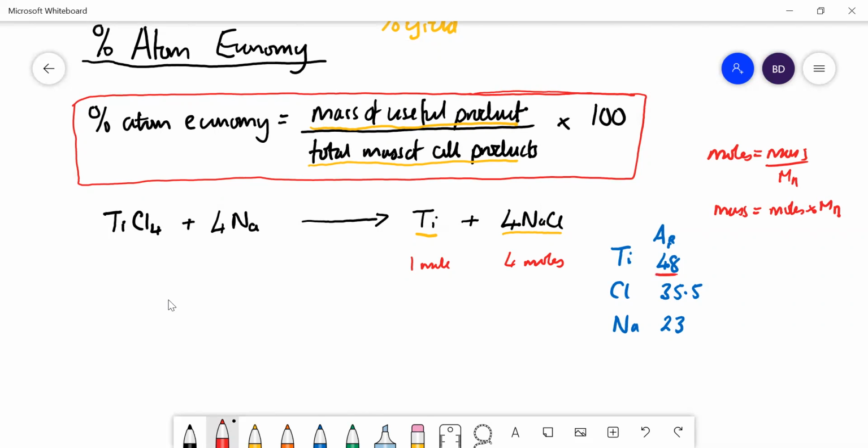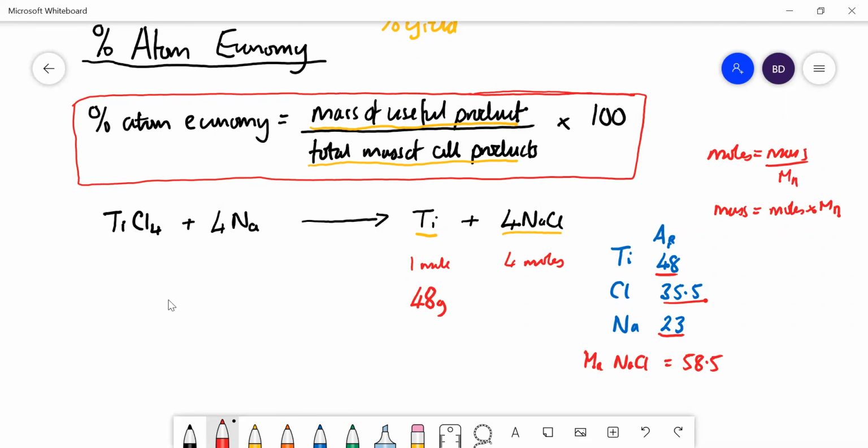Titanium's got an atomic mass of 48, so that's going to be 48 grams. The Mr of sodium chloride is going to be 23 plus 35.5, that's equal to 58.5 for 1 mole.